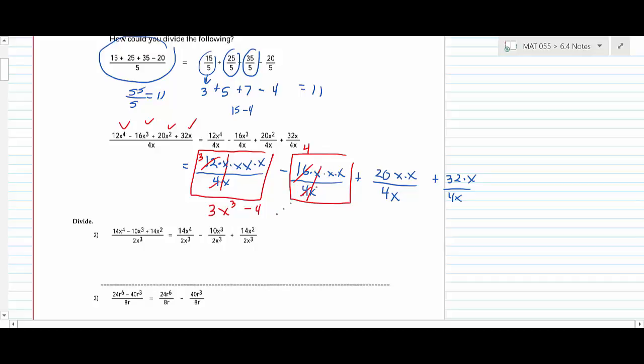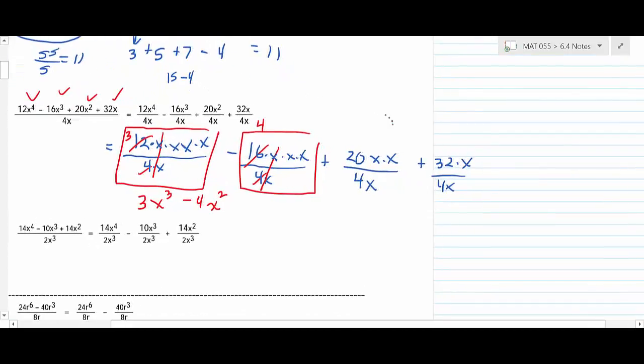You're left with x times x, so that's x to the second. Then the next one goes like this: 20 divided by 4 is 5. One of the x's crosses out. So what are you left with? Plus 5x, like that. And then the last one, the x's cross out. 32 over 4 is 8, so you'd be left with plus 8. So that right there is your answer.